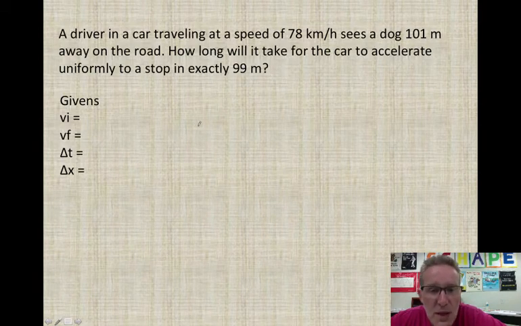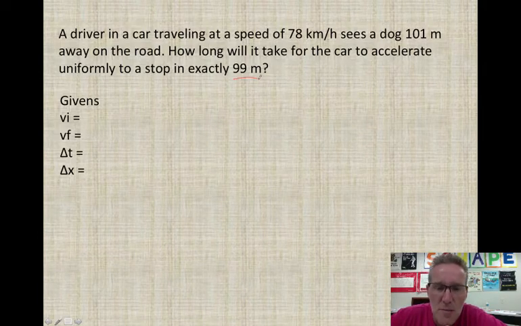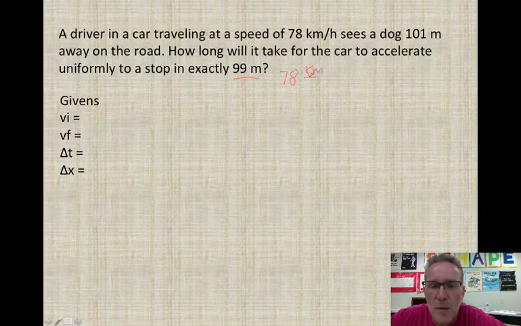However, we don't want to go with that because everything else is in meters, and a lot of our units are in meters per second. So we may as well change the 78 kilometers per hour to meters per second. Just to review a quick conversion: we have 78 kilometers per hour, and I'll go after the kilometers first. 1 kilometer will be on the bottom, equal to 1,000 meters.